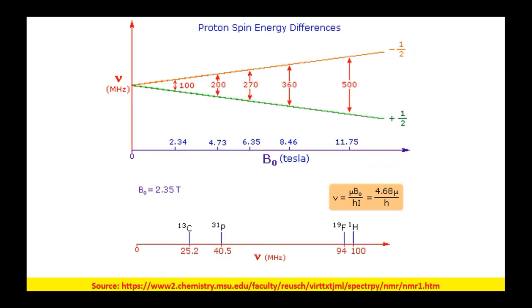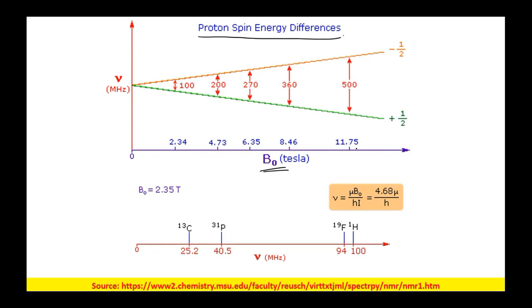Now here again, if you see the proton spin energy differences, it is the frequency or the energy. Mu is associated with energy, and here we have the applied magnetic field.